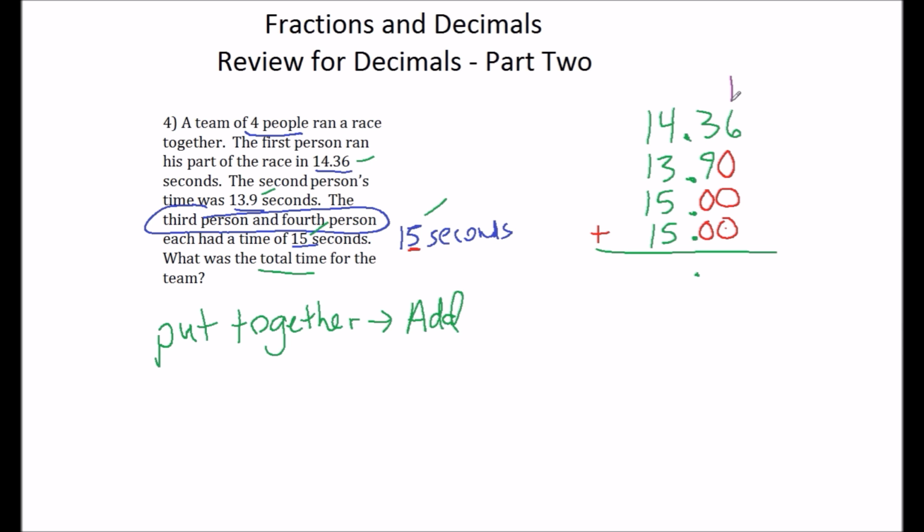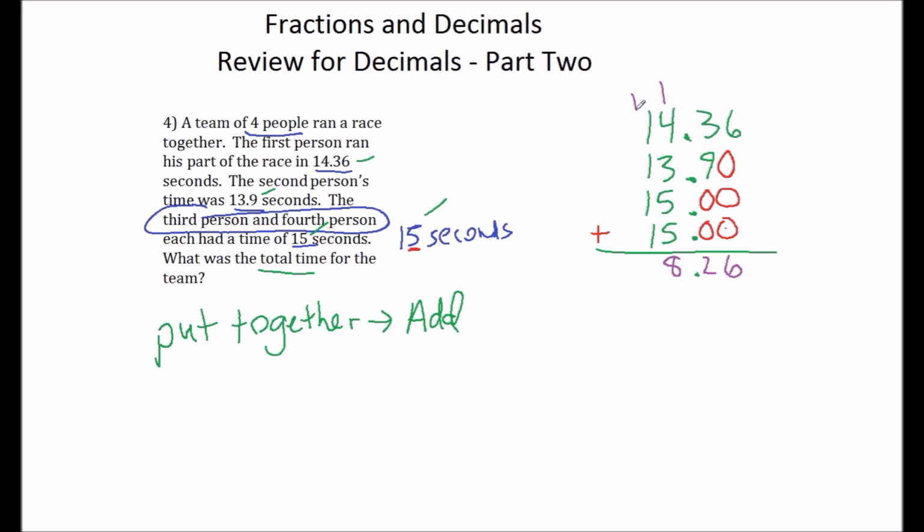So now I'm in the hundredths place. I'm going to look here at the 6 plus 0 plus 0 plus 0, which is going to give me a 6. Now to the tenths place, 3 plus 9 gives me 12. Sorry, I'm drawing these little marks. I'm not carrying a 1 there. Now I'm carrying a 1. 1 plus 4 plus 3 plus 5 plus 5. I might have to think about that a little bit, but I believe that's going to give us 18. Carry a 1.